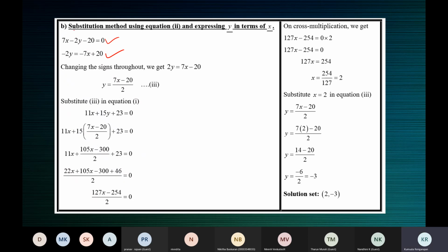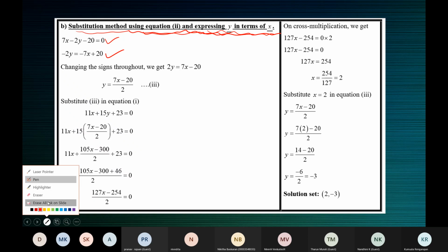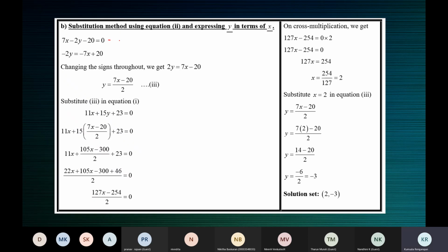Okay, so see here, I've mentioned what I have done. Substitution method using equation 2 and expressing y in terms of x. I have used equation 2 and expressed y in terms of x. So this is the first equation, this is the second equation.